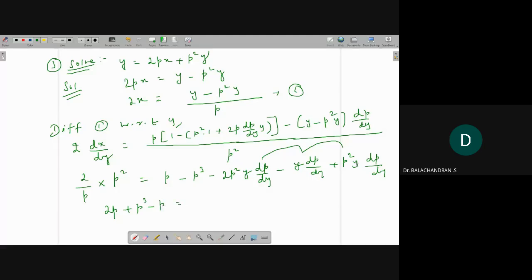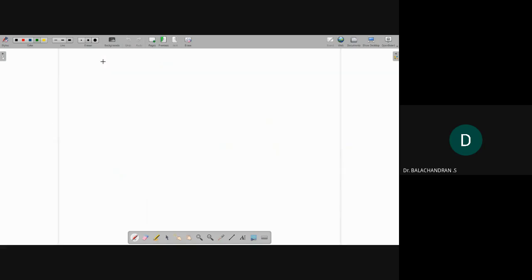Now if I add these two, you get minus p square y into dp by dy and minus y into dp by dy. So the left hand side you have p cube plus p.